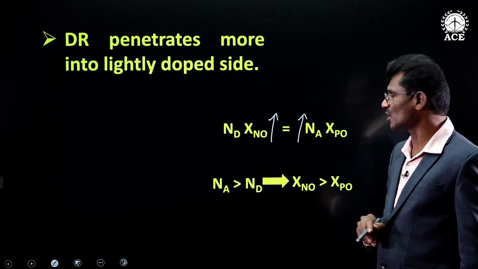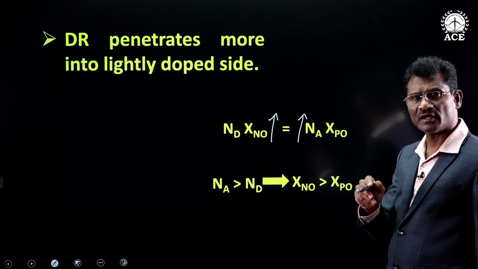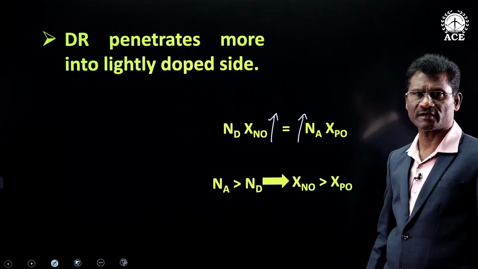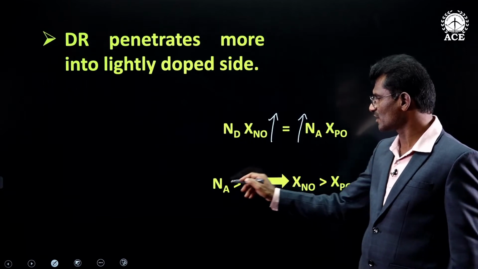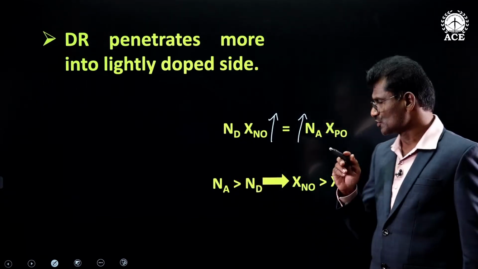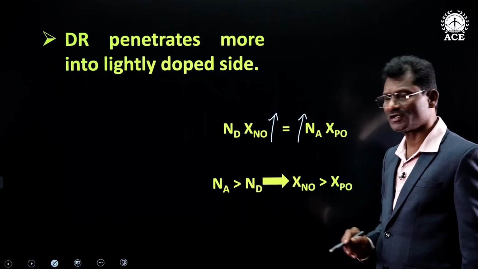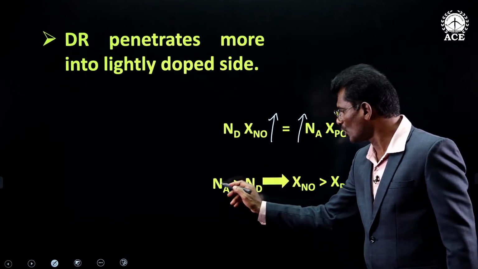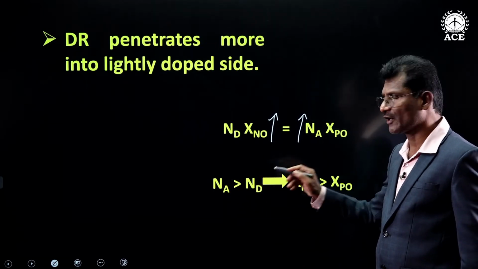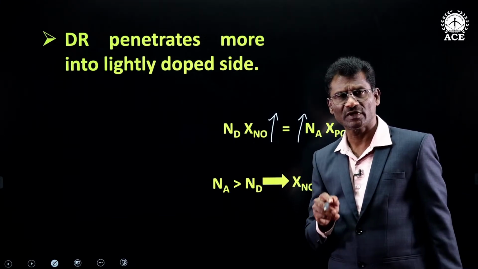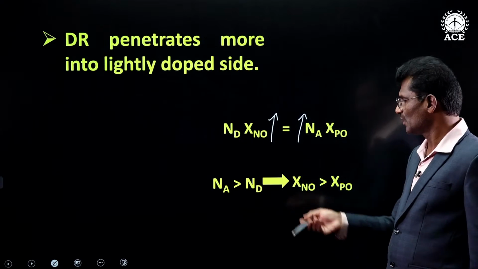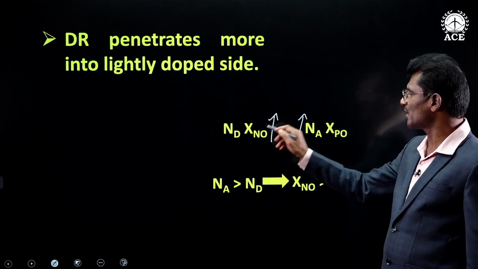Now what is Xn0? Penetration of depletion region into the N side. And what is the doping in the N side? Nd. Is it less than Na? Yes. So the acceptor doping is more when compared to the donor doping. That is, the N side is doped less, and into that N side, penetration is more.